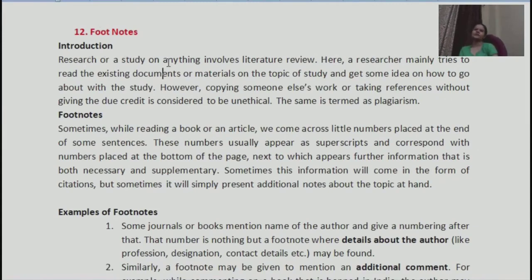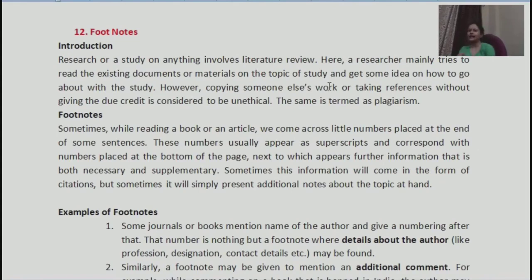So research or study on anything involves literature review, where I will try to read all the different books or materials which are available on that specific topic which I'm studying. Here, a researcher mainly tries to read the existing documents or materials on the topic of study.